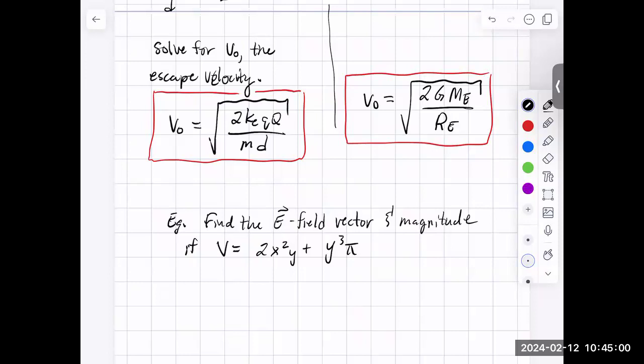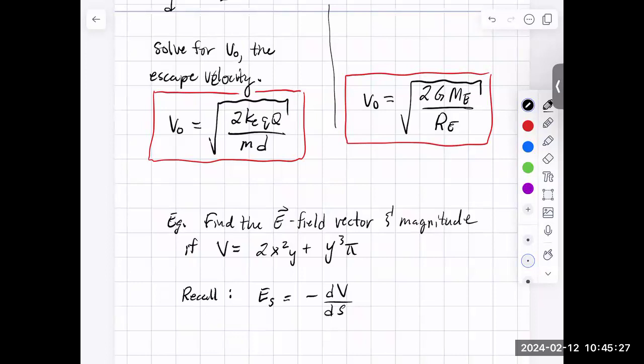What we have to remember is that the electric field along the direction s can be found by minus the derivative of the potential with respect to s. So we're going to find the x and y components of this electric field using this method.